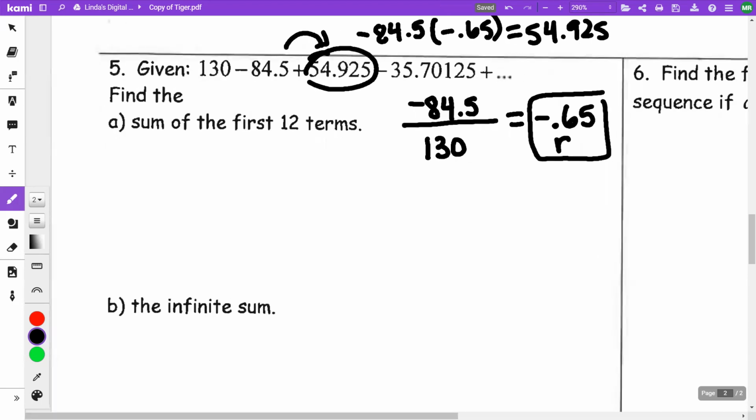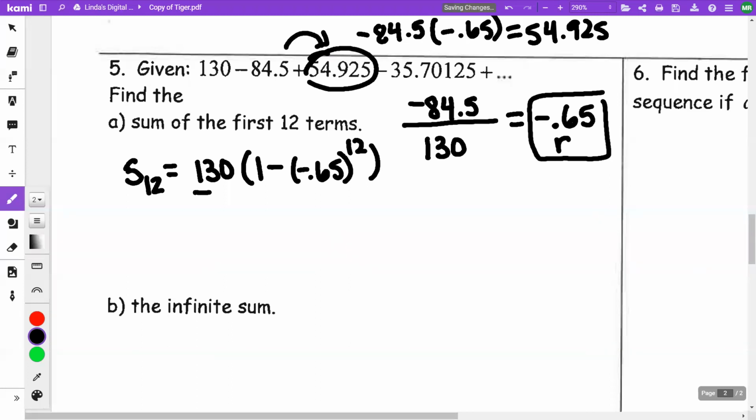So this is geometric. So I want S sub 13 is going to be equal to the first term, which is 130, times 1 minus my R, which is -0.65 raised to the power 12. Sorry, I put 13 here. I want the first 12 terms.